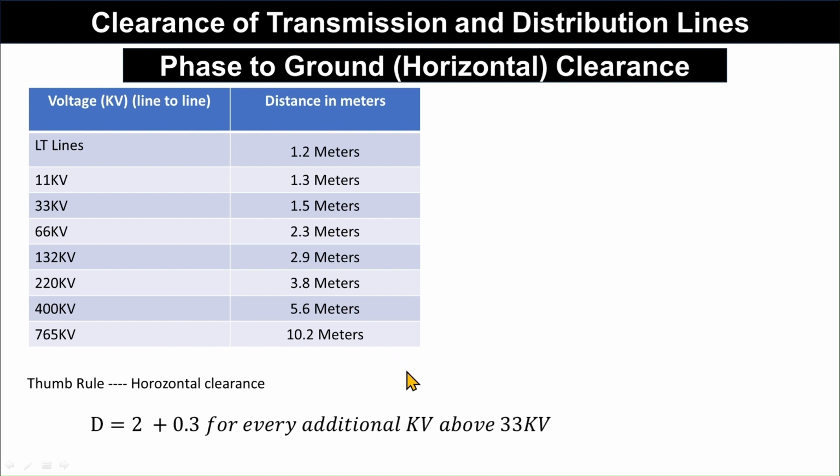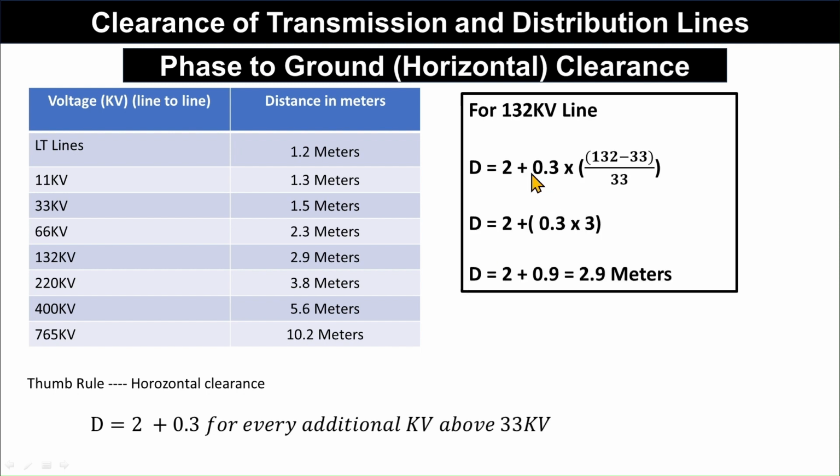Now I will show you how you can calculate the phase to ground horizontal clearance of any transmission line. Suppose we have to calculate the phase to ground horizontal clearance of a 132 kV line. D equals 2 plus 0.3. This is the formula: for every additional 33 kV above 33 kV, we have to add 0.3 meters.